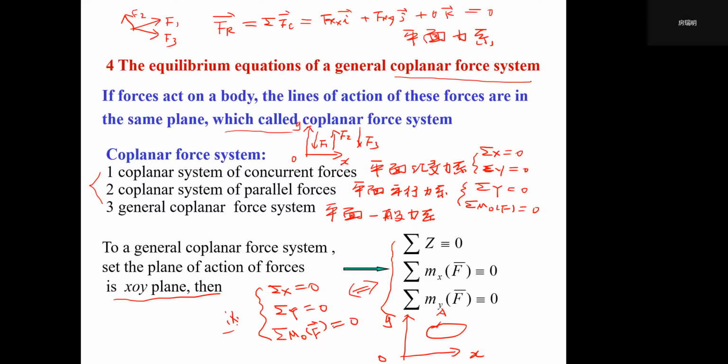But if we set it in an equilibrium condition, it will be in a stationary state or keep its original state, maybe just moving along a straight line. So this tells us sigma Fx equals 0, sigma Fy equals 0, and whichever point we select, the moment sum of all the forces acting on this object will be 0, right? So this 3-1 is very, very important.